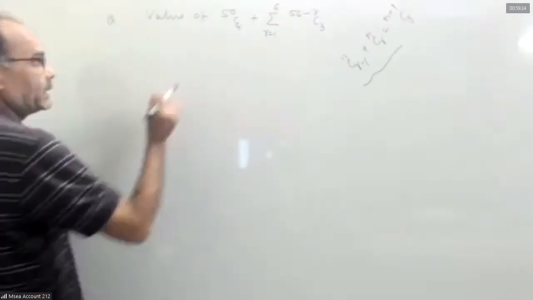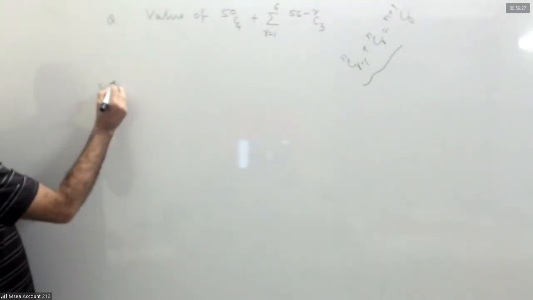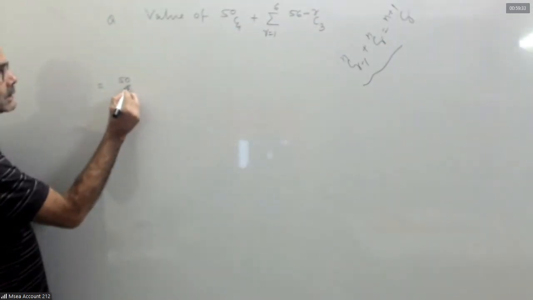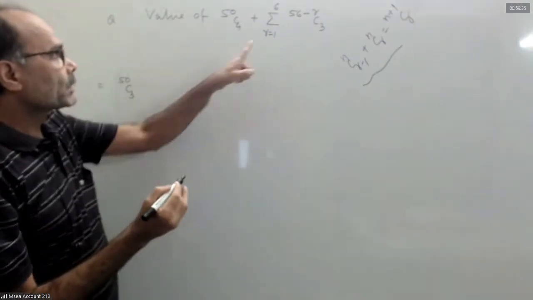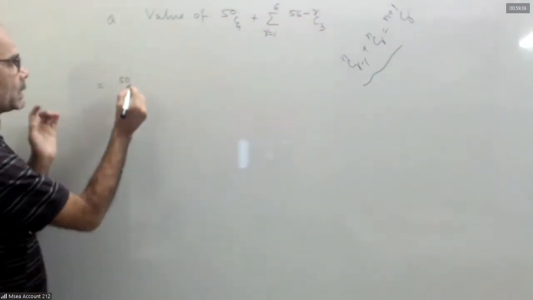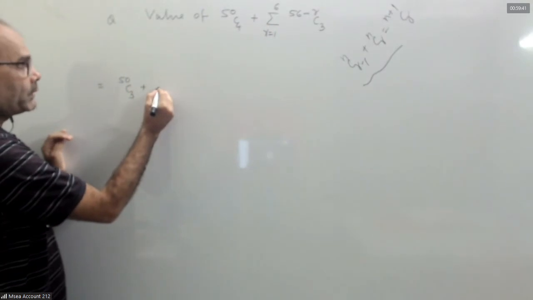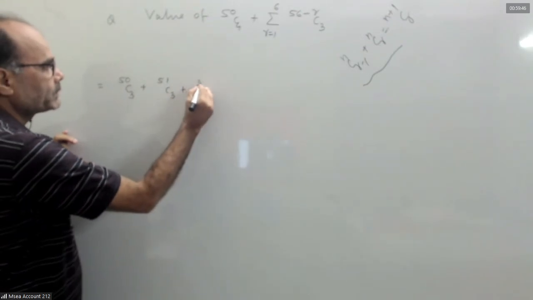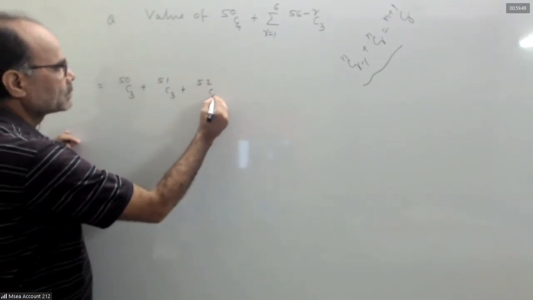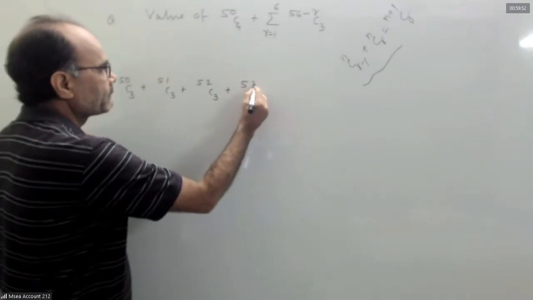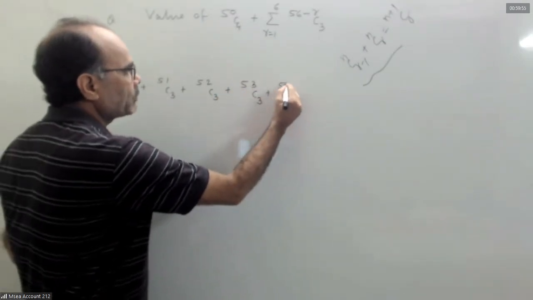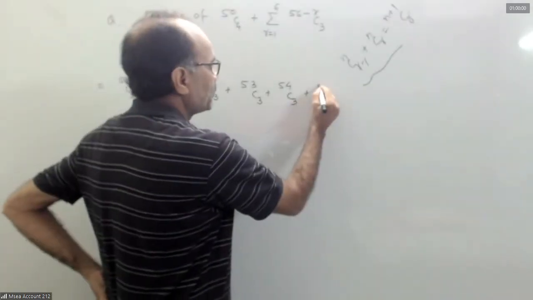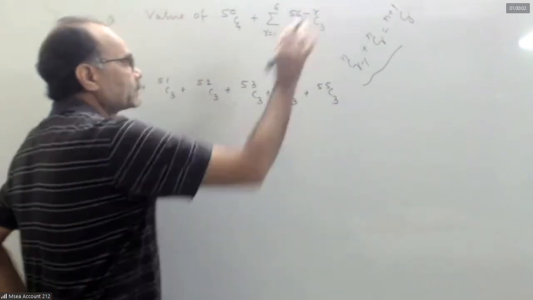Writing the series from the end: 50C3 for r equal to 6, plus for r equal to 5, 51C3, 52C3, 53C3, 54C3, plus 55C3, r equal to 1.